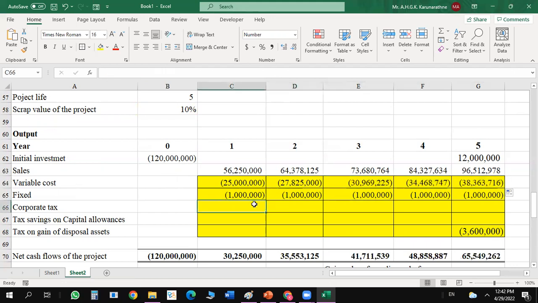Right, corporate tax. Corporate tax you can compute based on profit. Profit is equal what? You can say sum.